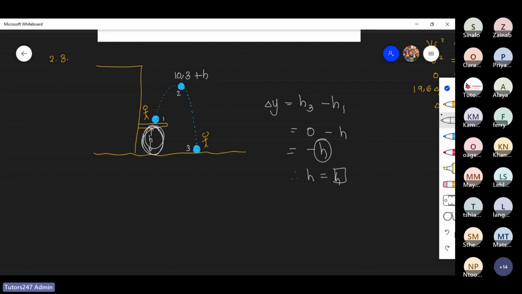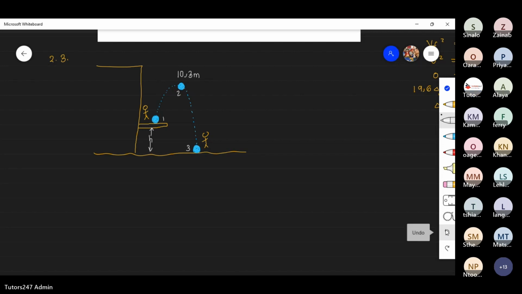Let's do it in a different way so you can see once again that when you calculate displacement of this object or of this person, all you are technically doing is calculating the height above the ground of the balcony. Even if you don't know what the maximum height is, let's say, for example, in this particular question, we didn't know the maximum height.